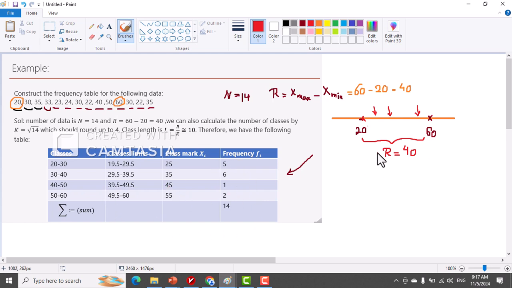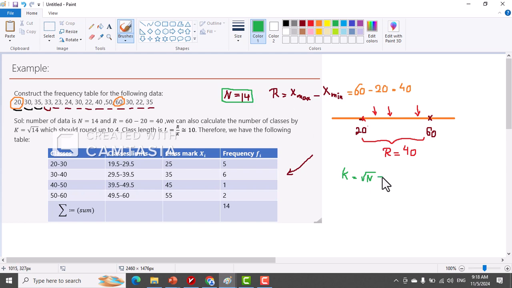After we find the range of the data, we should decide on the number of classes, and we use a simple formula for that. We denote the number of classes by k, and k is equal to the root of n, where n is the number of data which we calculated before, which was 14.